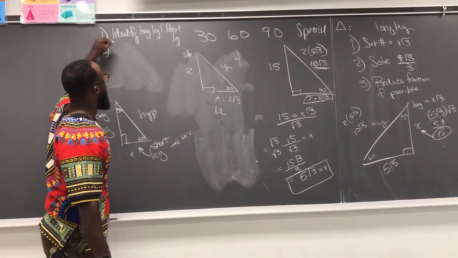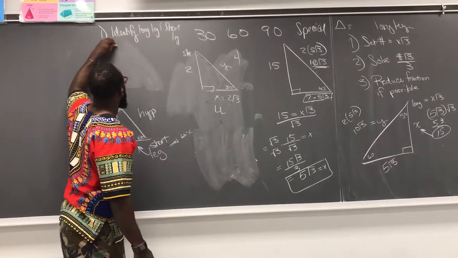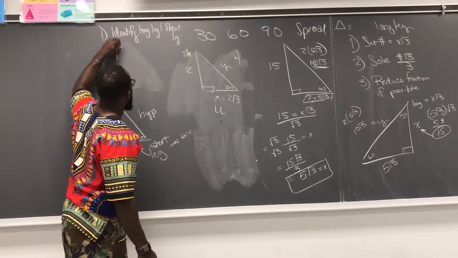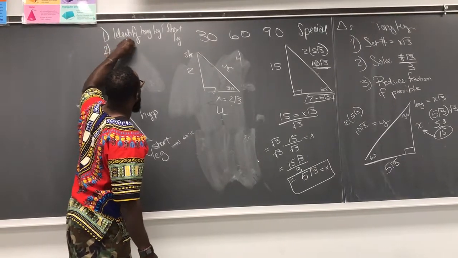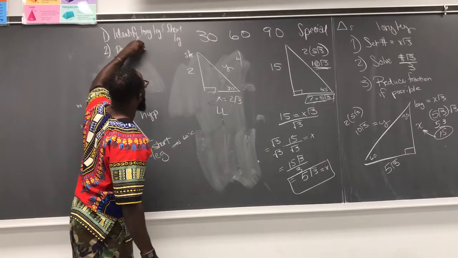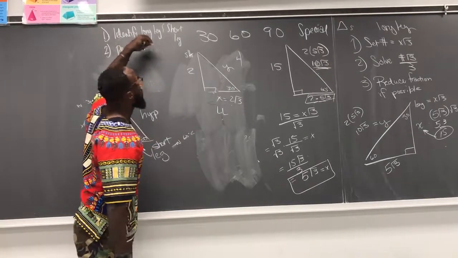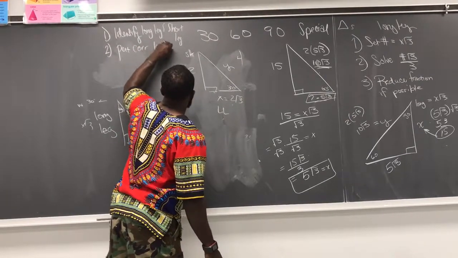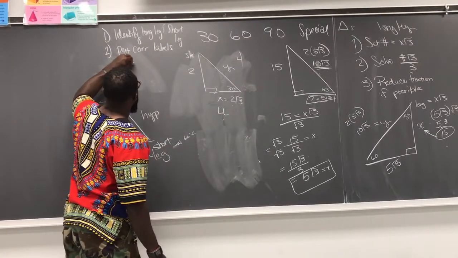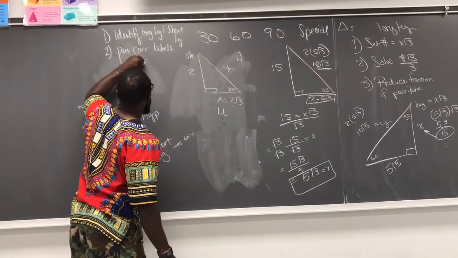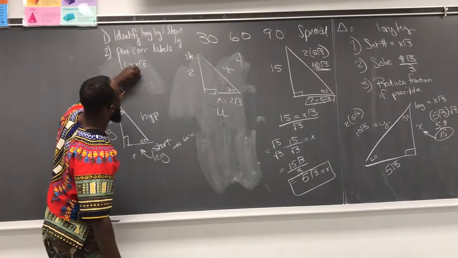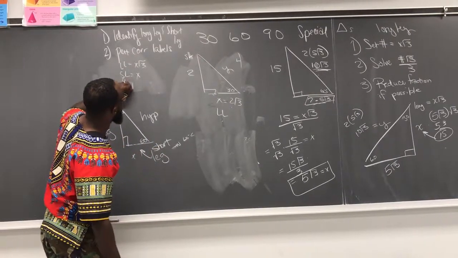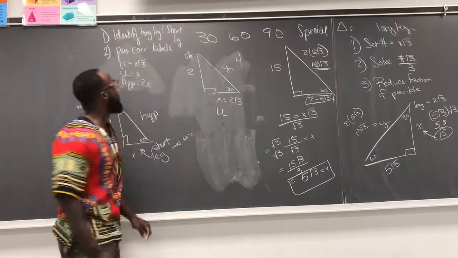Then put the corresponding labels: long leg is x root 3, short leg is x, and hypotenuse is 2x.